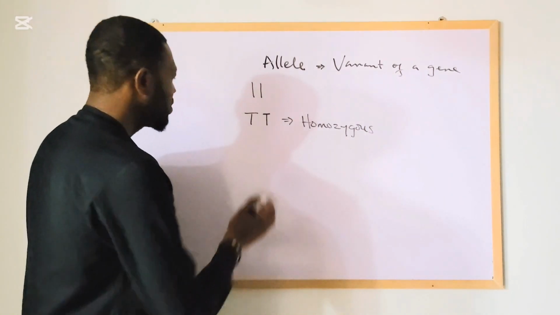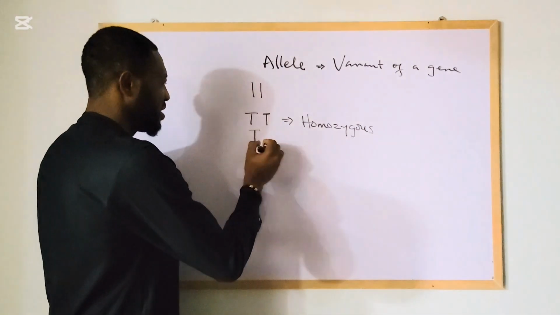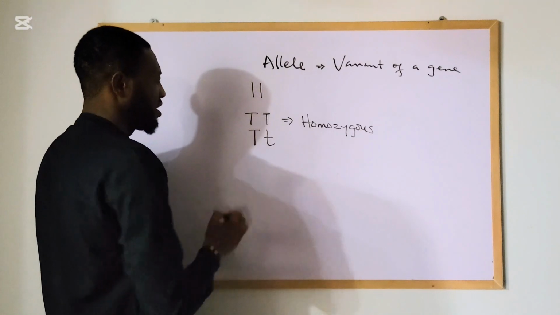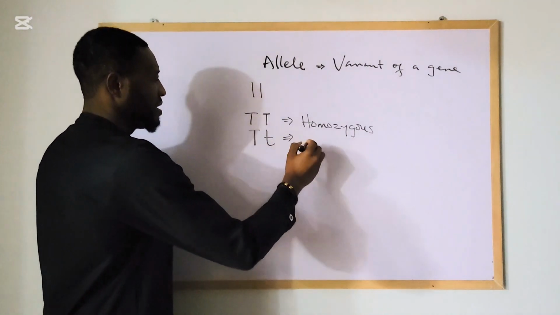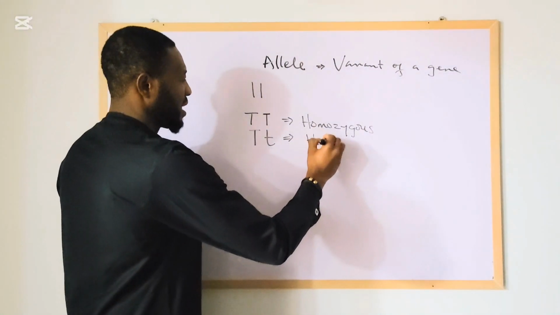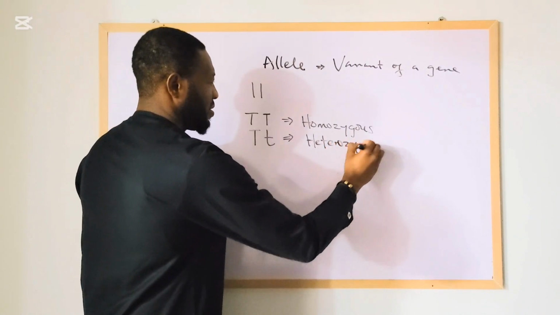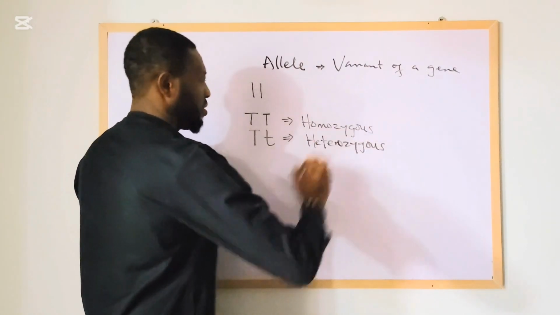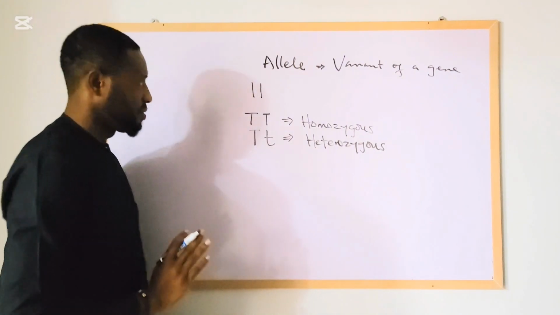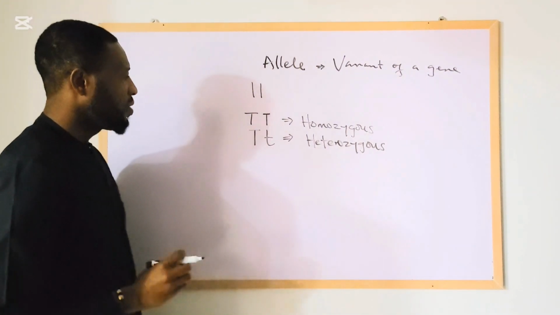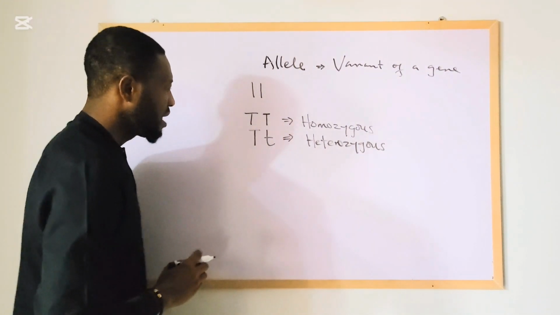But if he inherits two different variants, we'll say that the person is heterozygous for that gene.